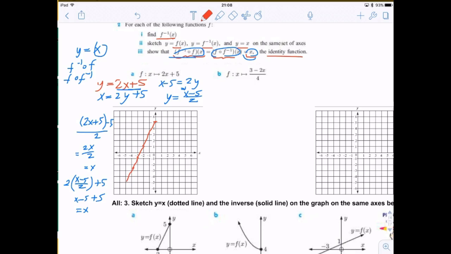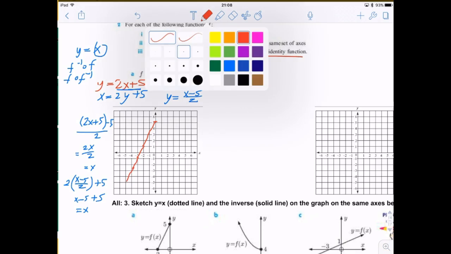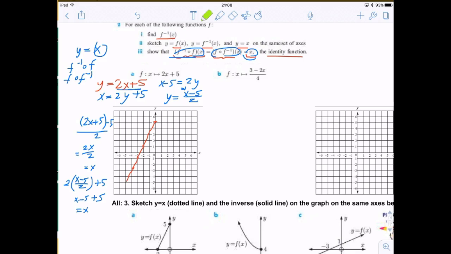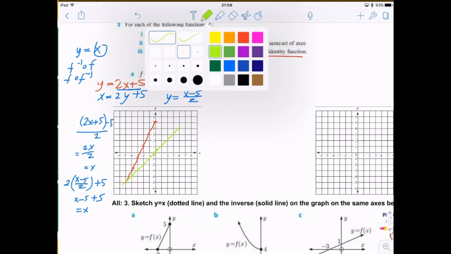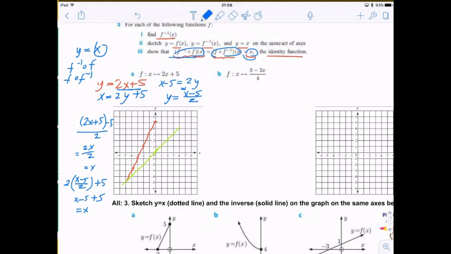And then we're going to graph the y equals x, which is the diagonal line that goes right down the middle here. And now we're going to graph the inverse function. It's got a slope of 2.